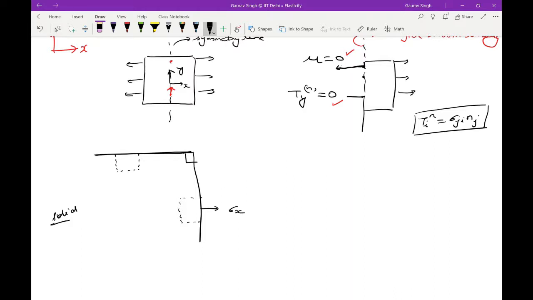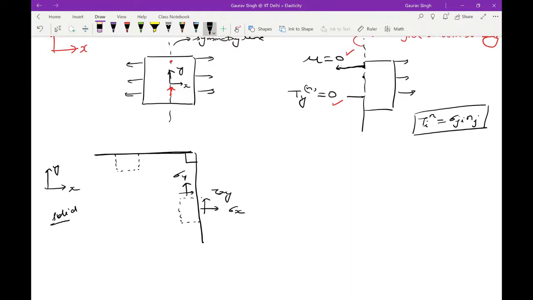So sigma x would be in this direction. I should write the coordinate axis. Always draw the coordinate axis. People may not think the way you think about the coordinate axis. They may think that y is somewhere else, especially when it's not very obvious. Sigma y, and this is tau xy. We have already shown tau xy and tau yx are the same, so we can just draw it like this.